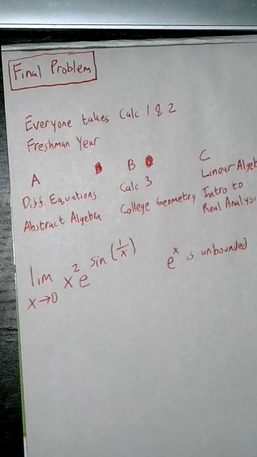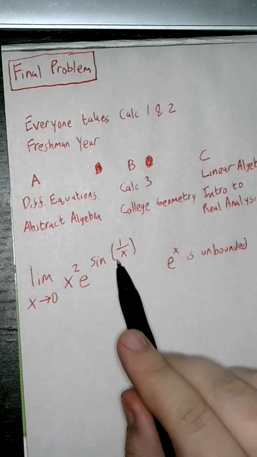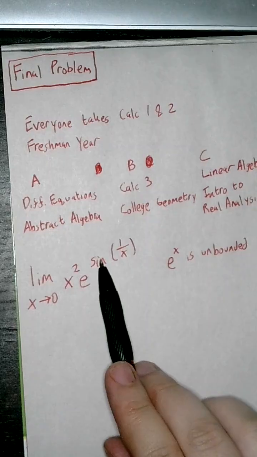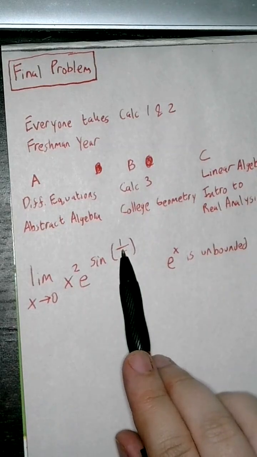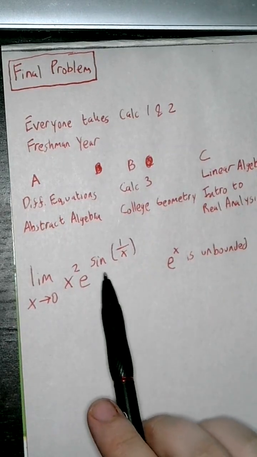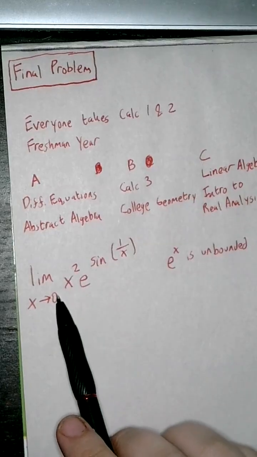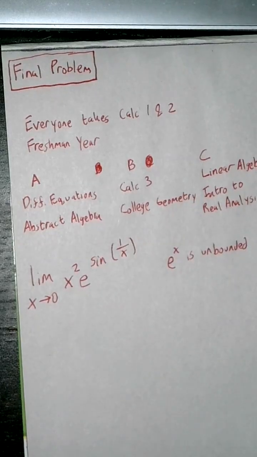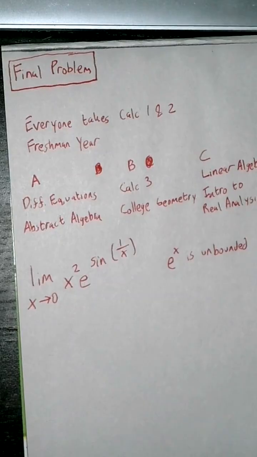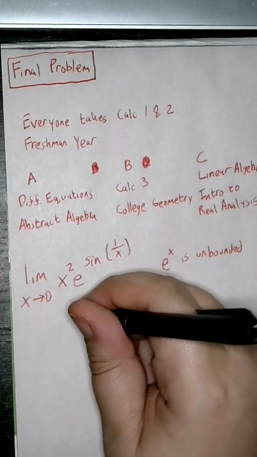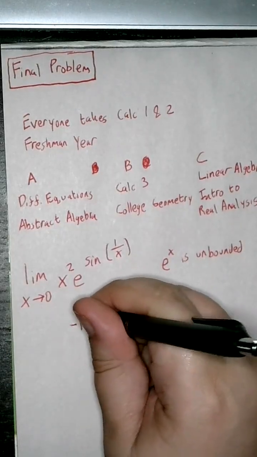What if it was 0 over 1? 0 over 1 is going to give me 0, so it would be defined. So if this were x over 1, then this would be sine of 0. Sine of 0 is 0, and e to the 0 is 1. 1 times x squared is x squared. 0 squared is 0. Yes. So we know that sine is bounded by -1 to 1.